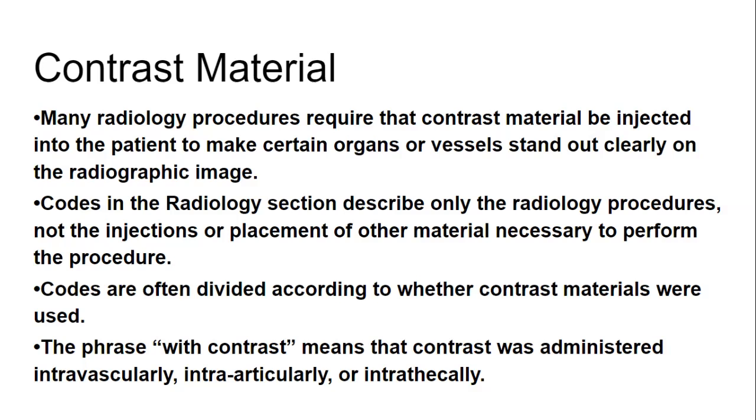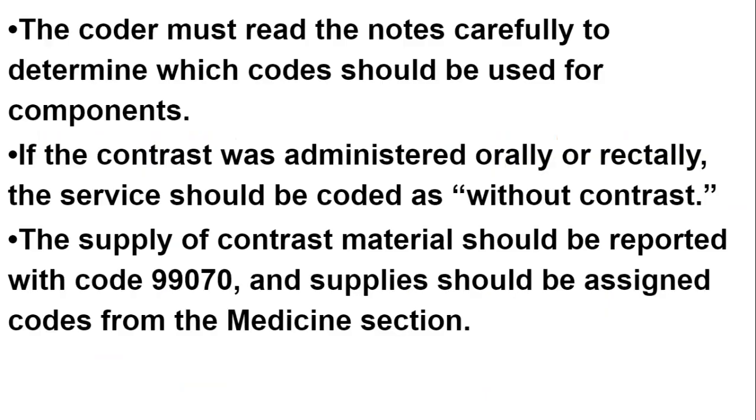All through this portion of the CPT book, you're going to find that our definition of our CPT codes often are going to say with or without contrast. You have to watch that. The coder must read the notes carefully to determine which codes should be used for components.